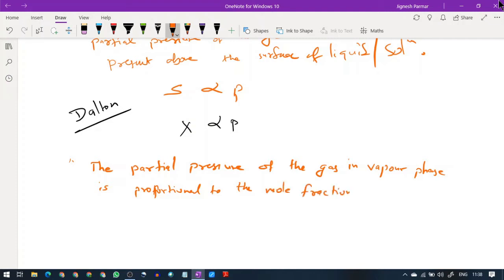So students, you have to write down this statement in the book, in the exercise answer, whatever is given.